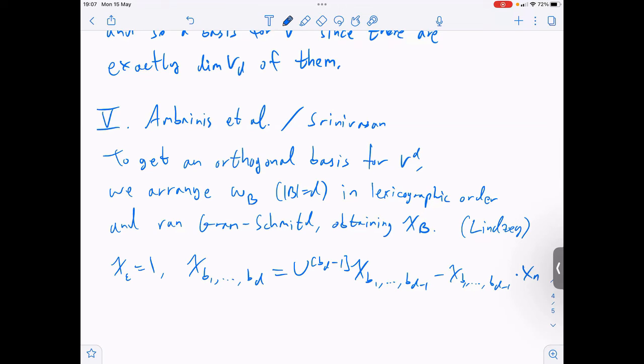So I hope I got it right. Soon I'll give you an explicit expression for the result. But this is the inductive construction due to Srinivasan, but I think it also appears in this paper of Ambainis et al. And using these formulas, you can compute this kind of Fourier transform, so express an arbitrary function in VD as a linear combination of these basis vectors very efficiently. Okay, so this is why these things come up in a paper on quantum complexity of all things.